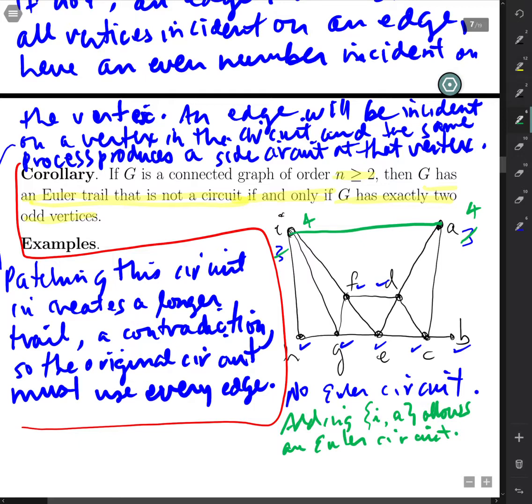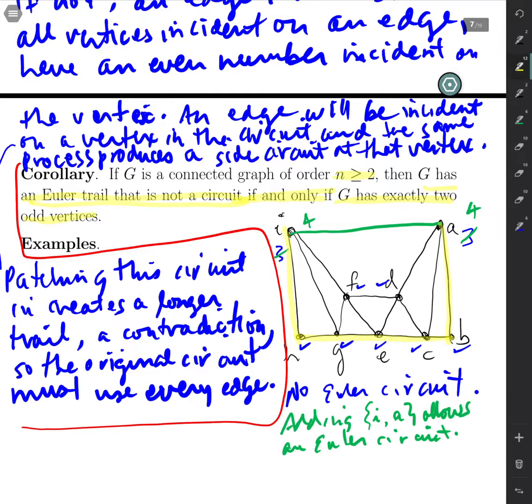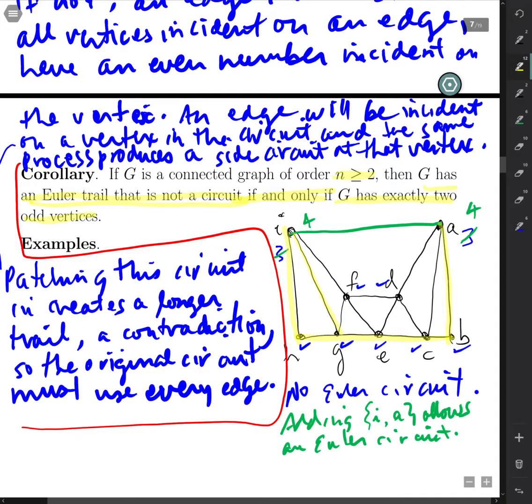All right, now let's go from A to B. Let's see if this will work out. And then if we go from A to F to E to D to C, then we have to go to A to D to F to I to A. We started at A and there's an Euler circuit, right?